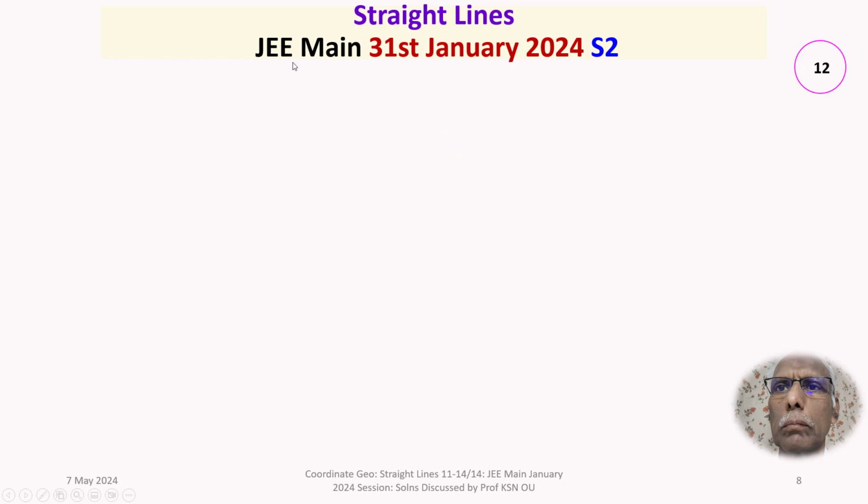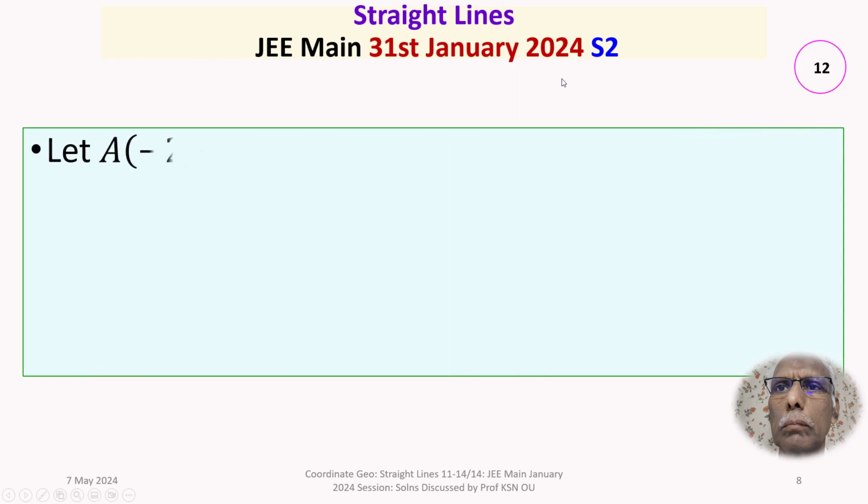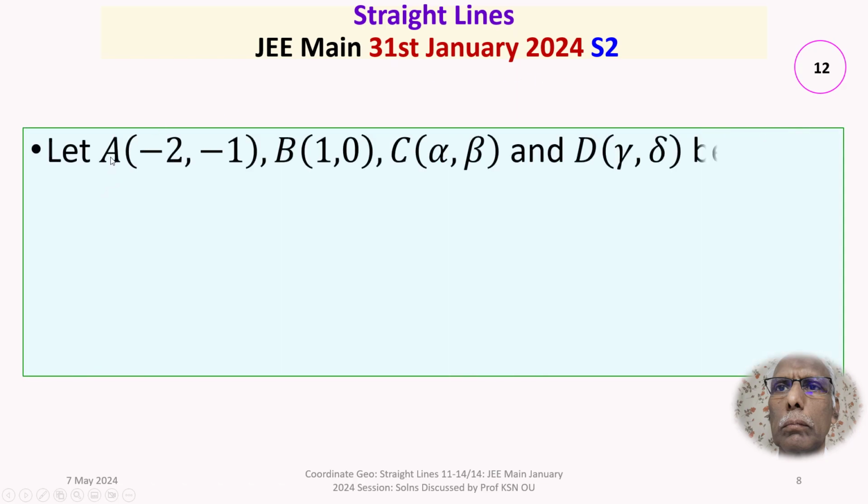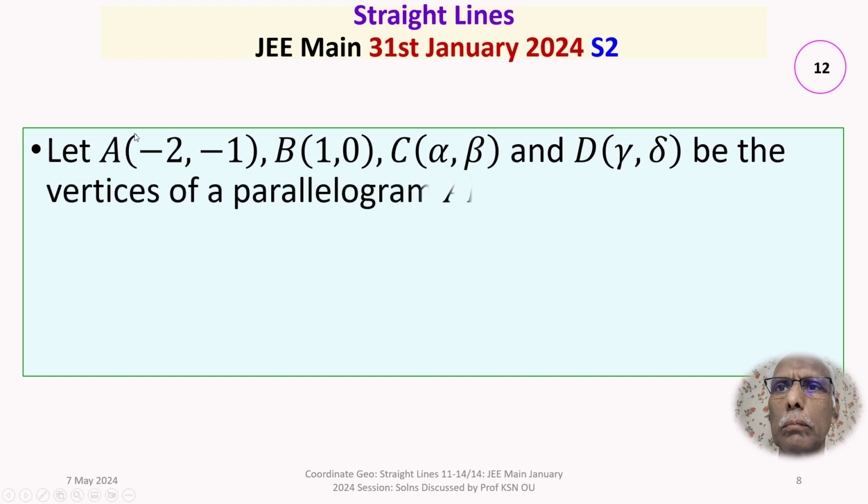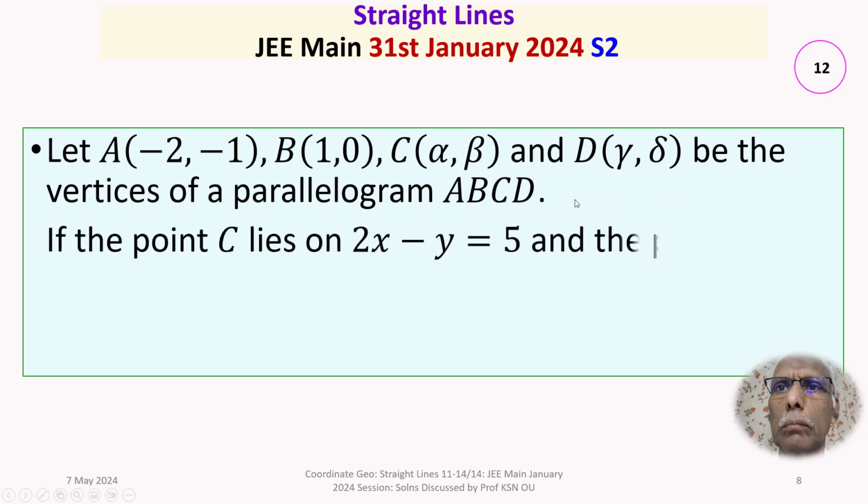This question has appeared in the JEE Main exam held on 31st January 2024 in the second shift. The given question is: let A (minus 2, minus 1), B (1, 0), C (alpha, beta), and D (gamma, delta) be the vertices of a parallelogram ABCD.